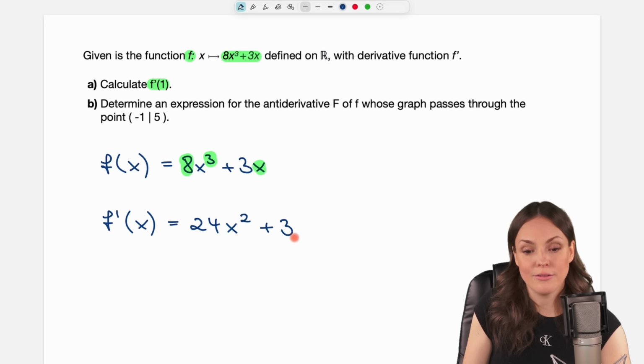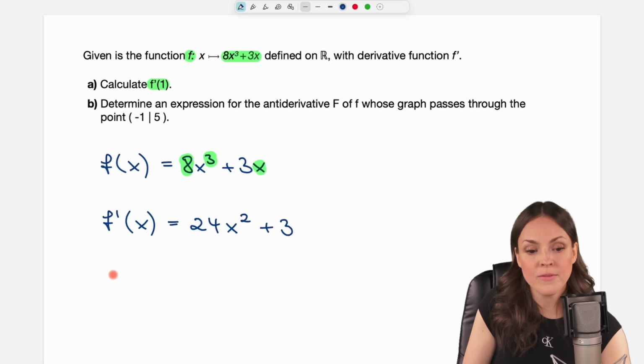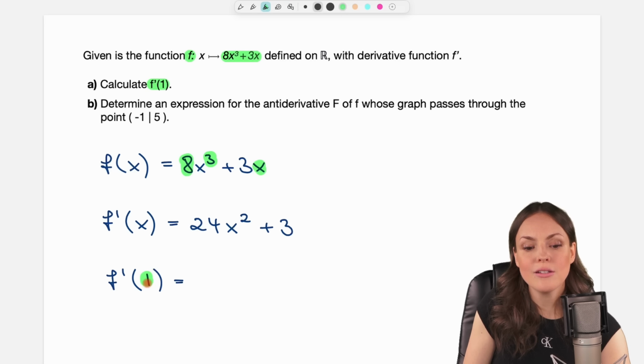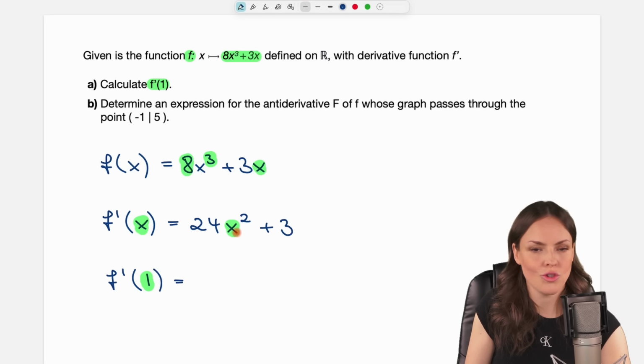Okay, this is our derivative, and we are looking for f prime of 1, so we are not yet done completely. We still have to insert the 1 now for our x. So for every x we can find here, we have to insert the 1 and calculate this then.